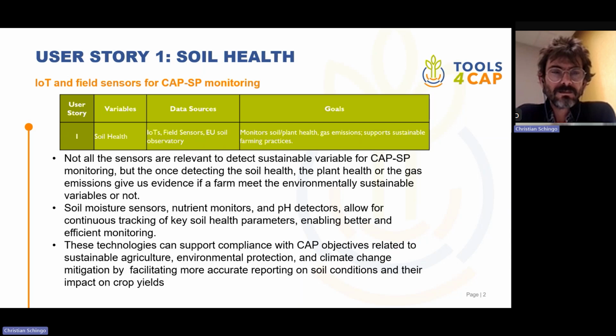But the ones that are used to analyze the soil health, the plant health, or the gas emissions give us the information if a farm meets the environmental sustainable variables or not.